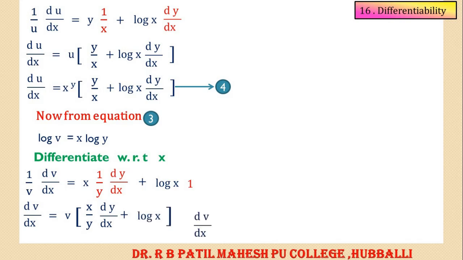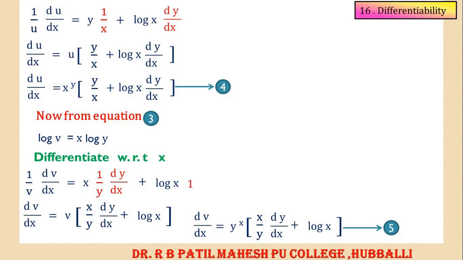So this is dv by dx is equal to, v is substituted from the consideration, it is y raised to x. So we will get y raised to x, x upon y dy by dx plus log y. So this is equation 5.